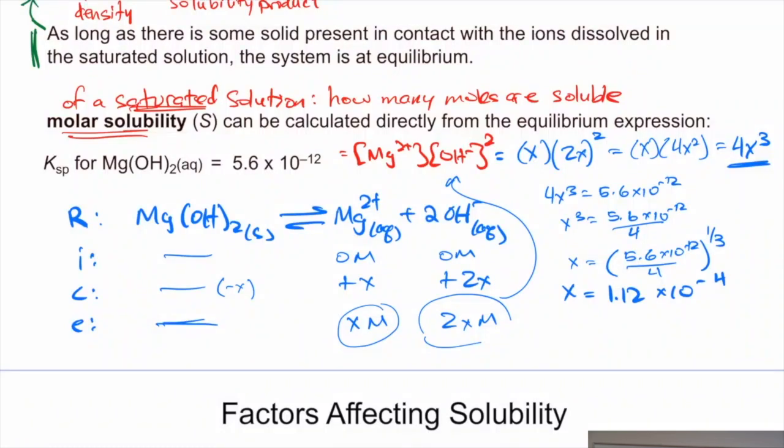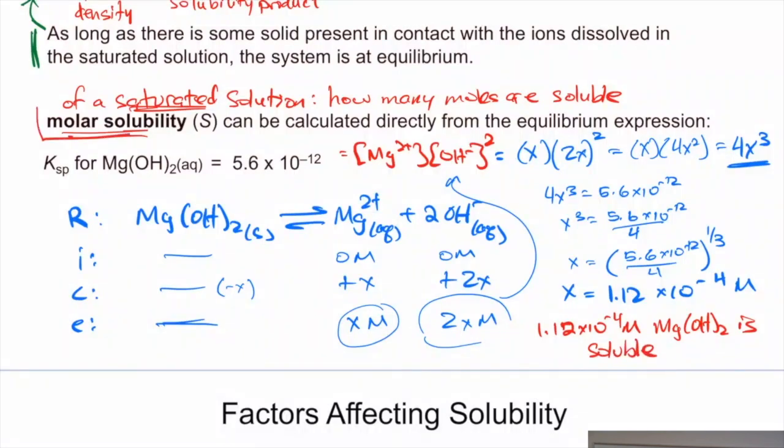Yes. When X molar went into solution, it will dissociate completely into 1X of magnesium ions and 2X of hydroxide ions. But the molar solubility, how much is soluble, that is what X is. So we've got 1.12 times 10 to the minus fourth molar magnesium hydroxide is soluble.